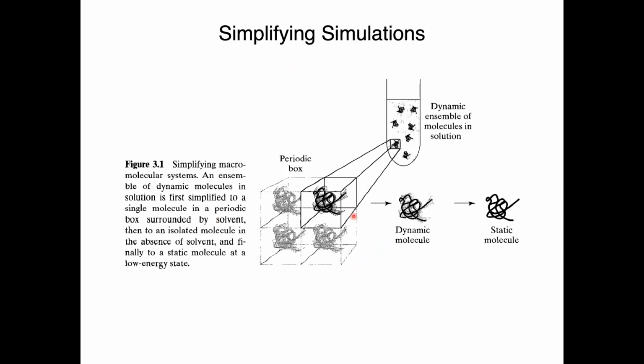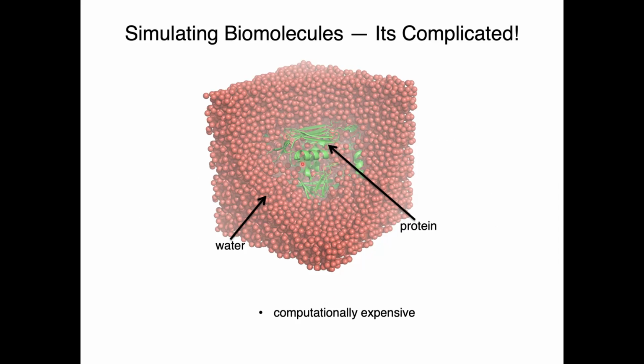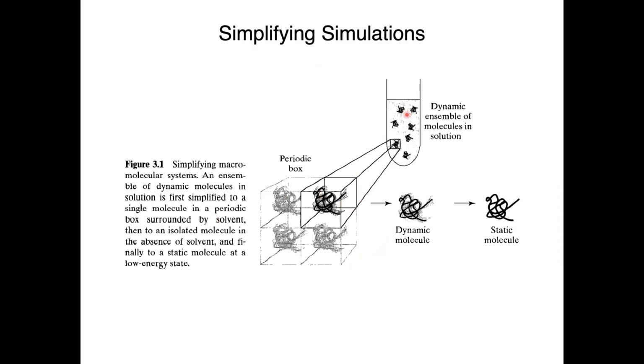Now, it could actually be a more difficult problem, right? Because what we actually do when we do simulations very often is that we treat a single protein surrounded by water molecules. But in reality, what you have in a test tube is many copies of your system. So what we actually do is only simulate a single copy, but we assume that it's surrounded by other copies.